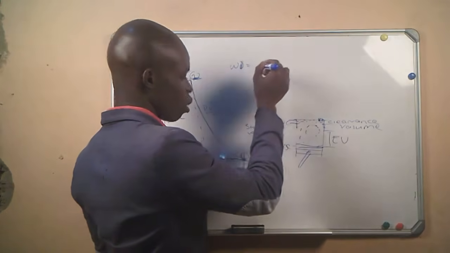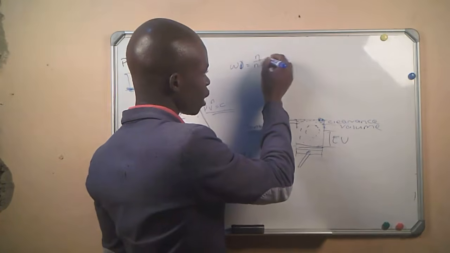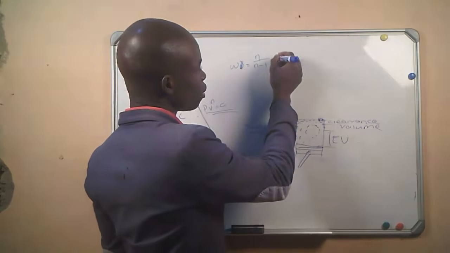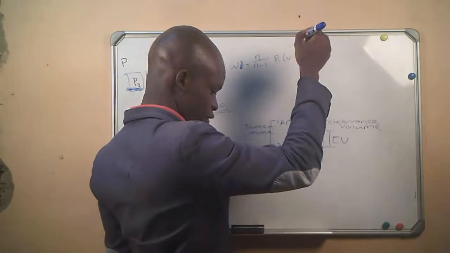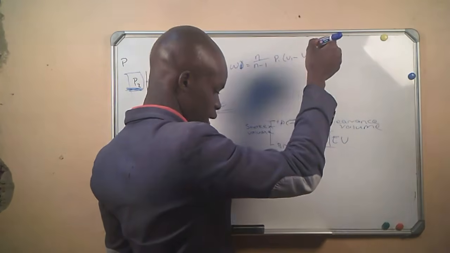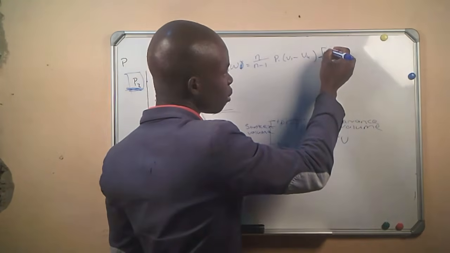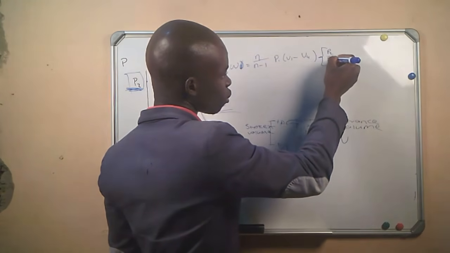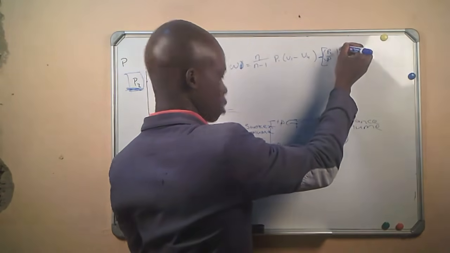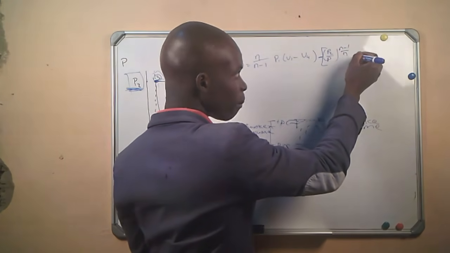One formula says n divided by n minus 1 times P1 times the bracket V1 minus V4, and then P2 V2, over n minus 1.